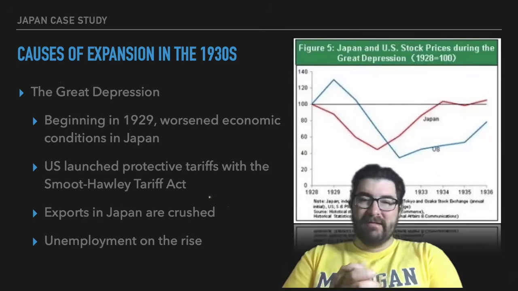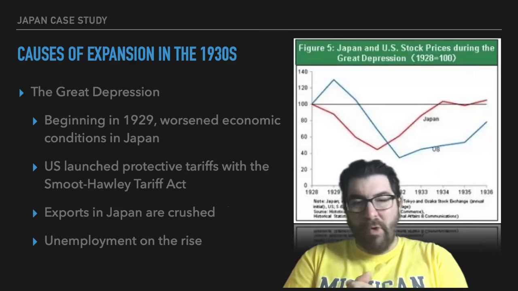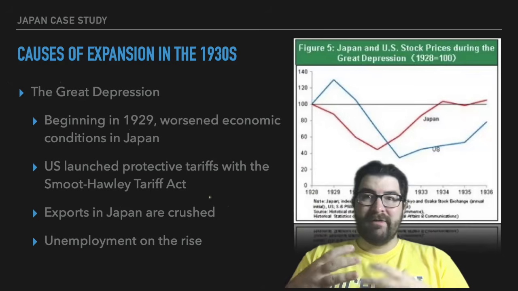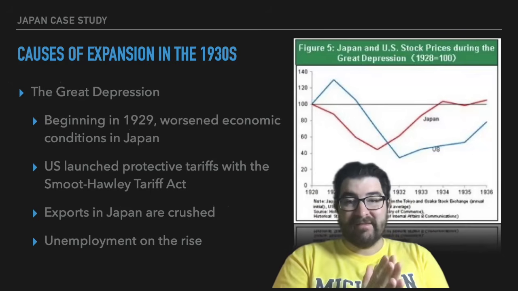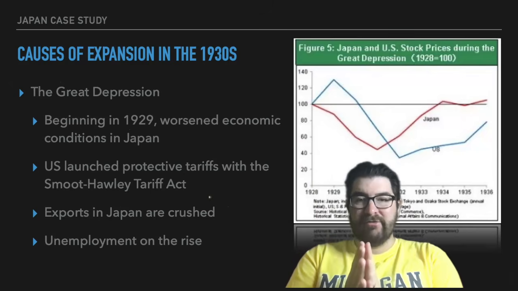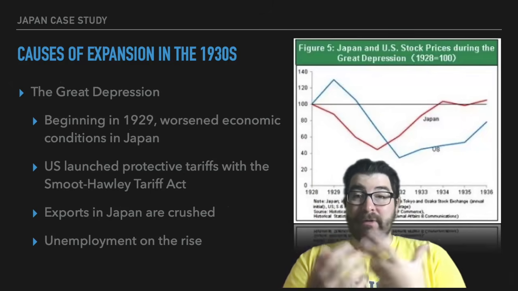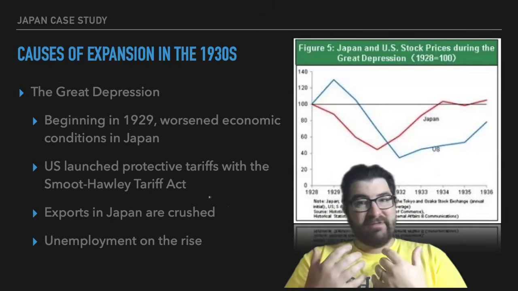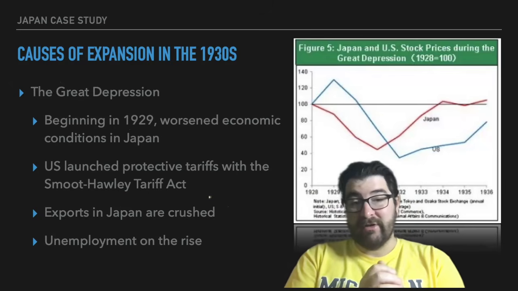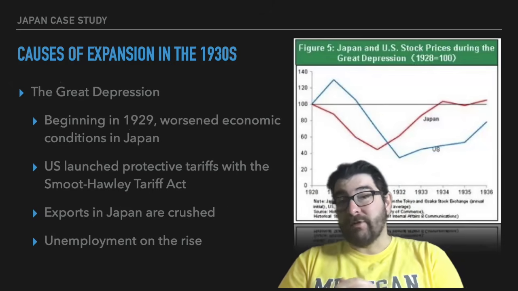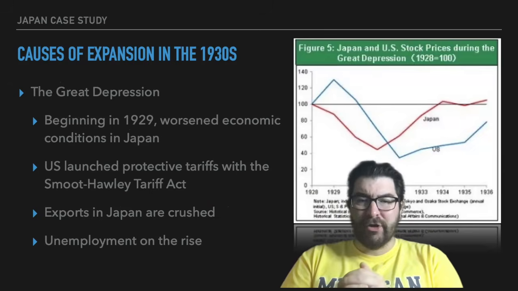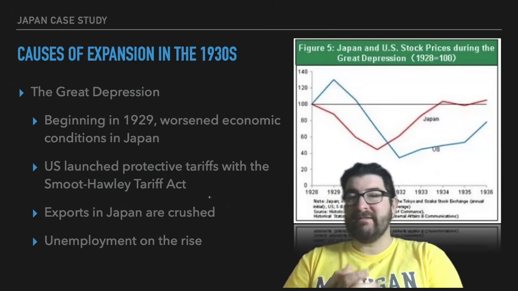And then we get the Great Depression. Beginning in 1929 in the United States, but impacting every country in the world that does business overseas, the Great Depression is going to be devastating to Japan, whose economy relied on both imports from outside and the ability to export Japanese manufactured goods. The United States will launch a harsh protective tariff against imported goods called the Smoot-Hawley Tariff Act.